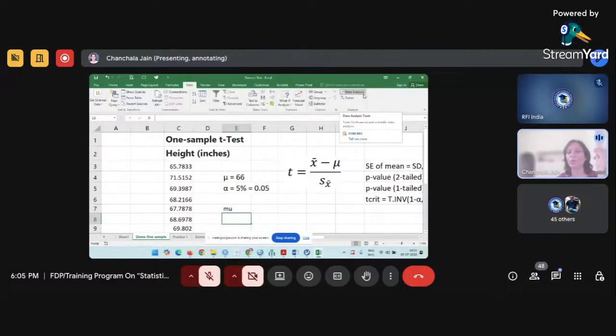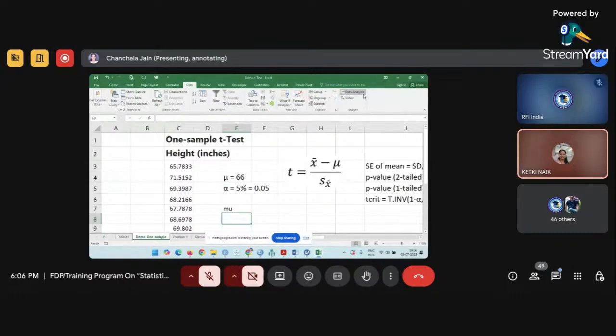Sometimes it happens. You may need to restart your system. Or you can follow the procedure of adding it again: go to File, Options, Add-ins, Go, then check that box and click OK. So maybe it is visible to you.